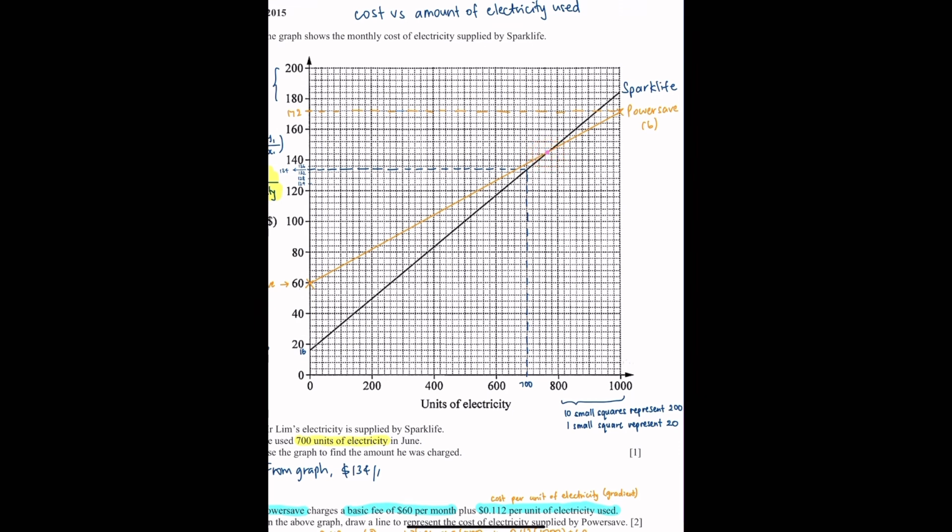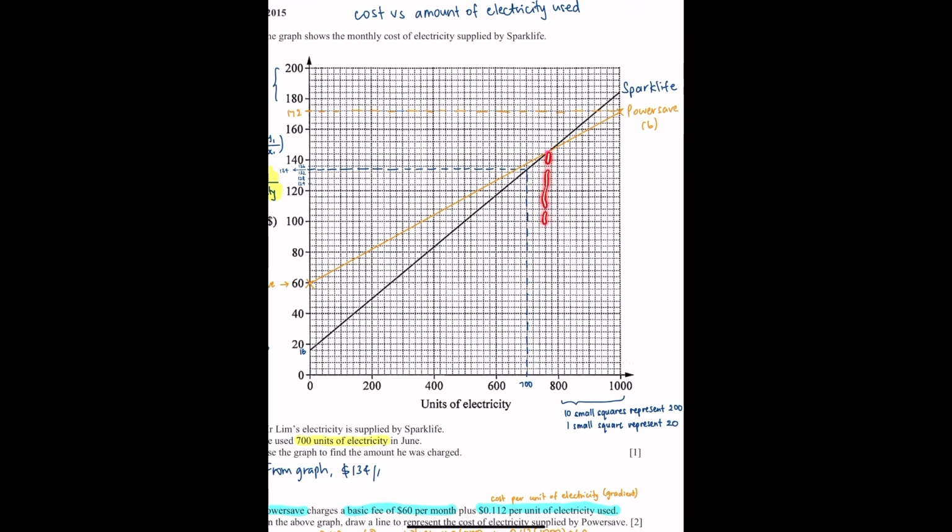If you notice, on the left of this pink dot, PowerSave's line is above Spark Life's line. This means from 0 units of electricity to this particular value over here, PowerSave costs more than Spark Life. On the right of this intersection, you notice that PowerSave's line is below Spark Life's line.